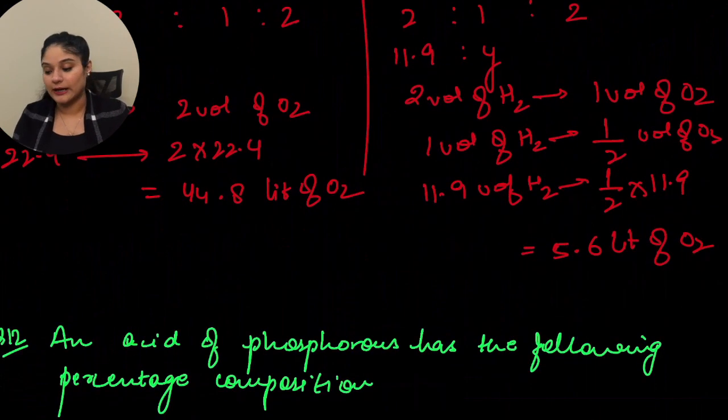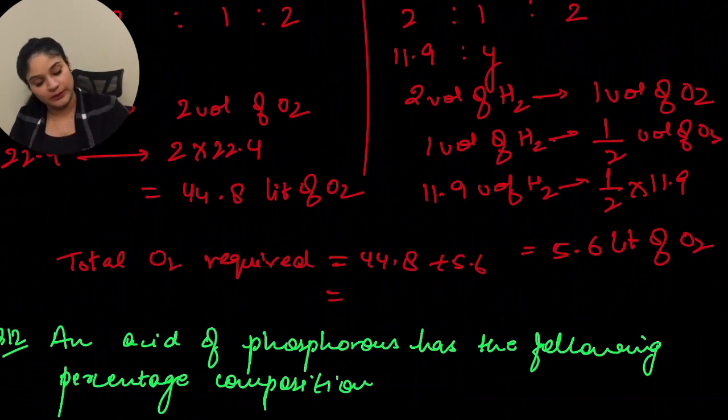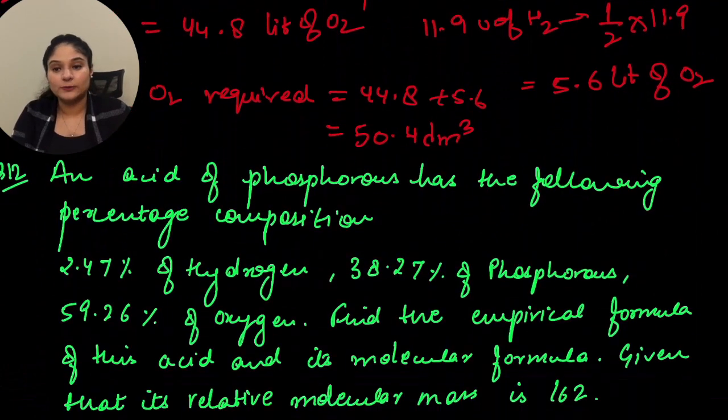So there at the end, just combine. So total oxygen required will be 44.8 plus 5.6 liters. That would be 50.4 decimeter cubed. Okay, let's move to the next one.